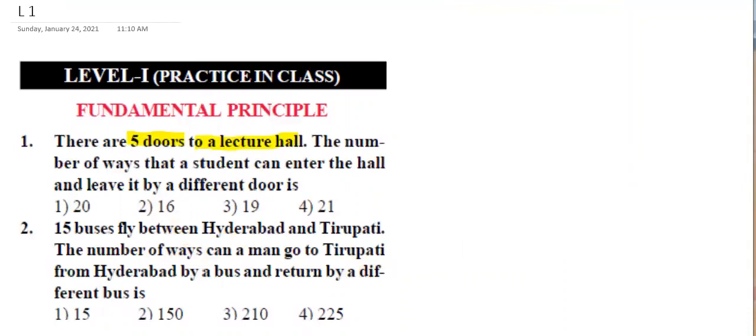Find the number of ways that a student can enter the hall and leave it by a different door. Now, draw the diagram, then you will understand. So this is, suppose, the room.